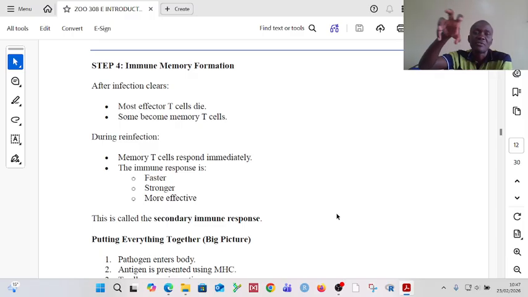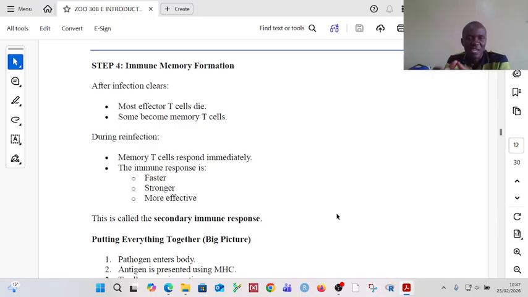Instead, they will hang around and continue being part of the memory T cells within your body. So in case in the future you encounter the same Mycobacterium TB infection, these memory T cells, which were kept from the previous infection, will respond immediately because they know, okay?